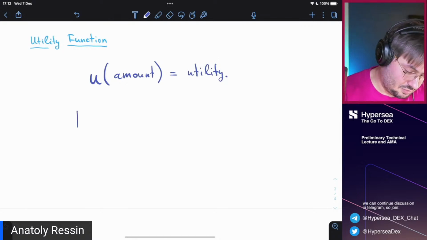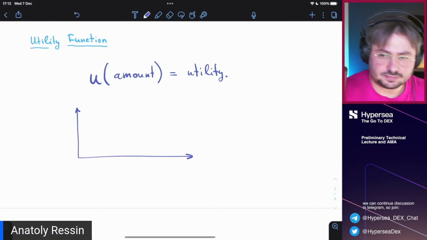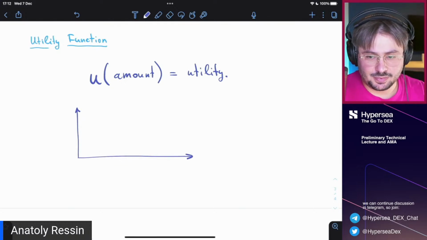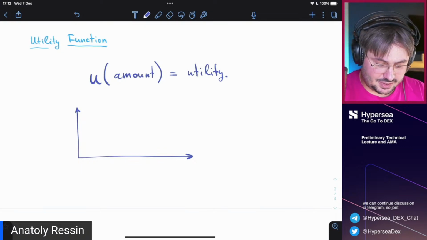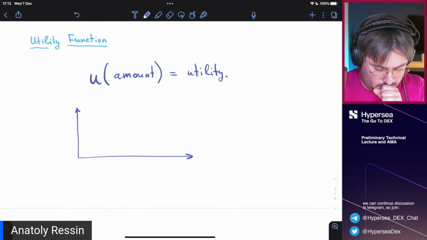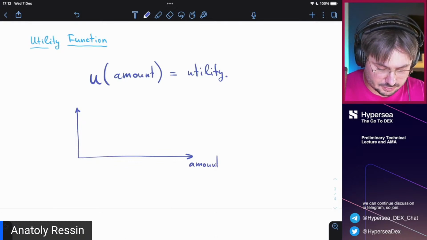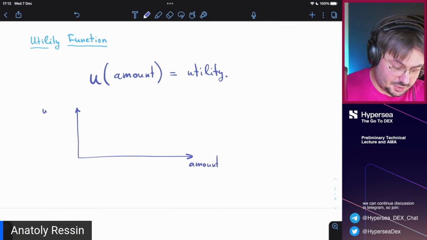And if I put these two axes, I would say that this is amount, and this is utility. Sorry.